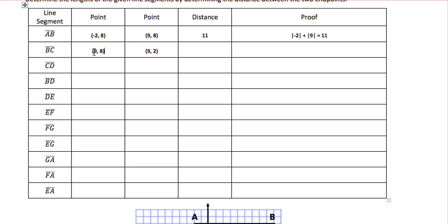Please notice the x coordinates are the same. If both coordinates are different, we really have a problem that is a little beyond what we're doing right now. But since those coordinates are the same, for the distance between them, we have +8 and +2.